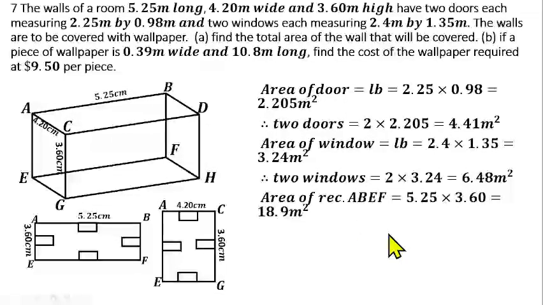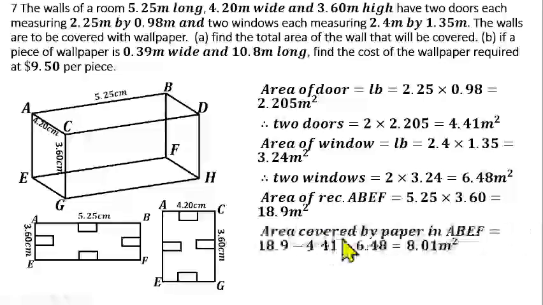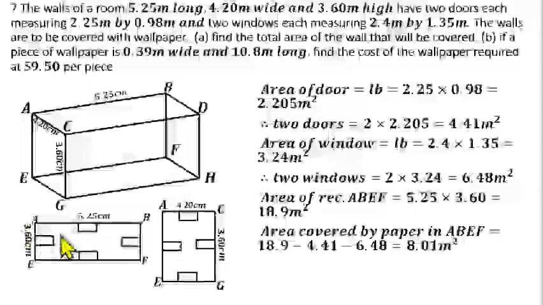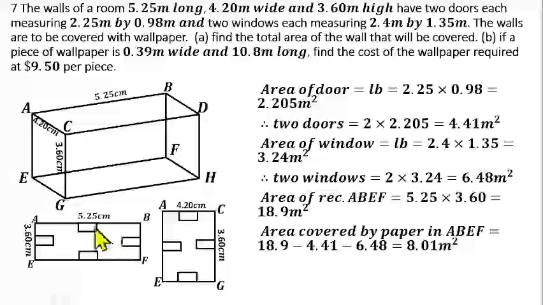Then from there we can get the area that will be covered by the paper in this wall, by removing the areas of the 2 windows and the areas of the 2 doors from the area of the rectangular wall ABEF.